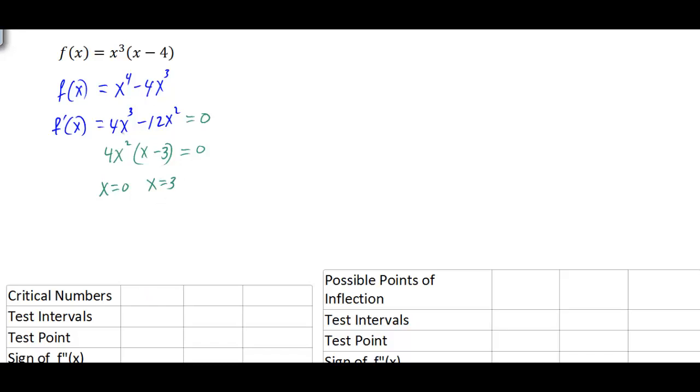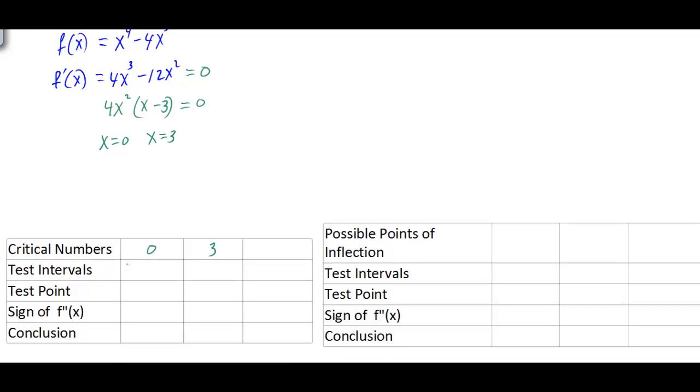The other place we need to check is, is the derivative undefined? Well, no, this is a nice polynomial function, so it's defined everywhere. So the only critical numbers we have would be 0 and 3. That means our test intervals would be negative infinity to 0, 0 to 3, and 3 to infinity.